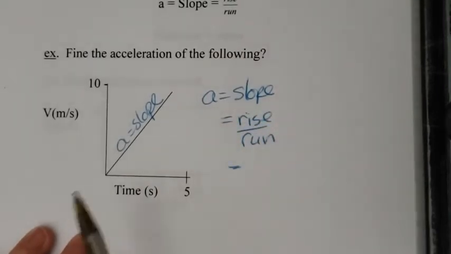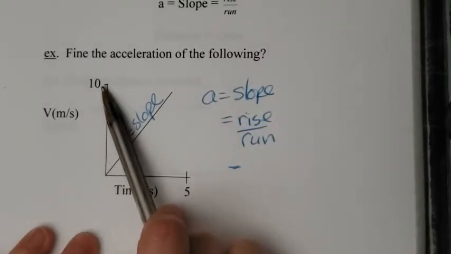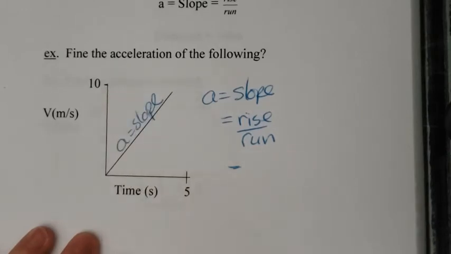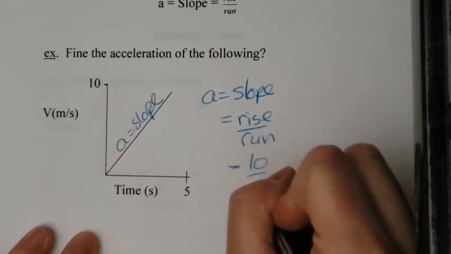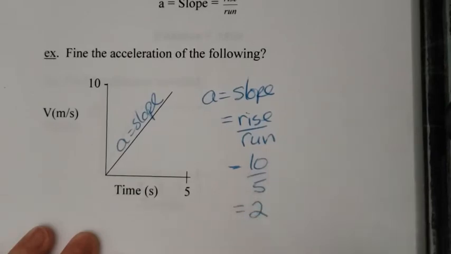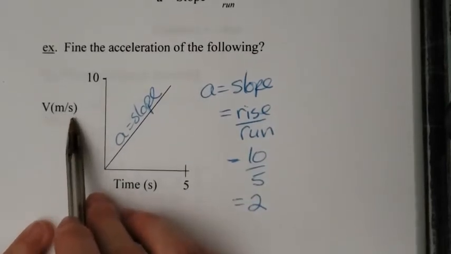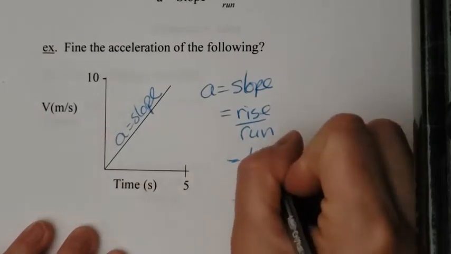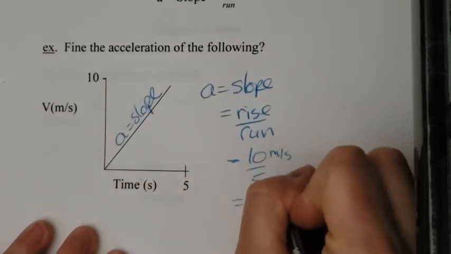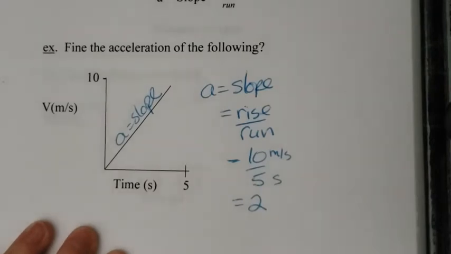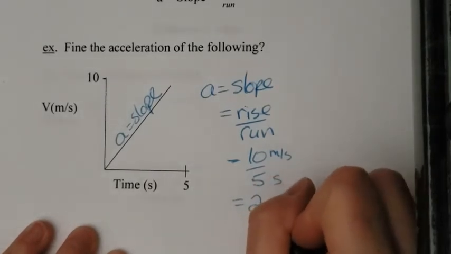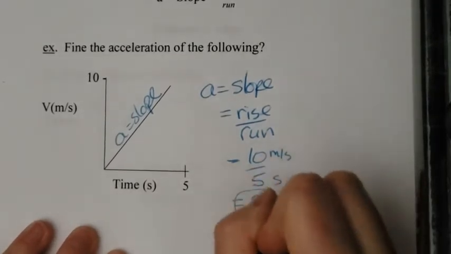In this case here, my rise is 10 and my run is 5. So I go 10 divided by 5, which gives me 2. When I look at my units, I have basically meters per second, because the 10 is in meters per second and the 5's in seconds. Meters per second per second is like saying meters per second squared.